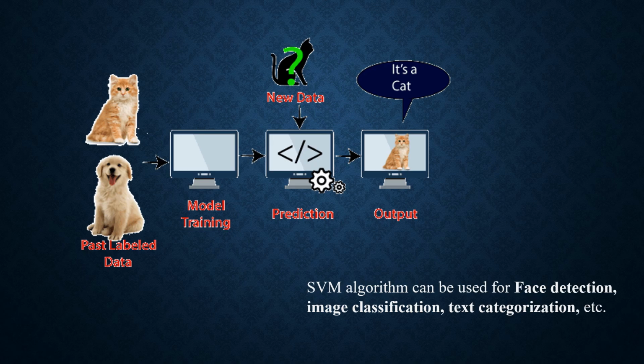We will first train our model with a lot of images of cats and dogs so that it can learn the different features of cats and dogs, and then we will test it with the strange creature. The support vector machine creates a decision boundary between these two classes of data and chooses the extreme support vectors. It will see the extreme cases of cats and dogs, and on the basis of the support vectors, it will classify it as a cat. The SVM algorithm can be used for face detection, image classification, text categorization, etc.